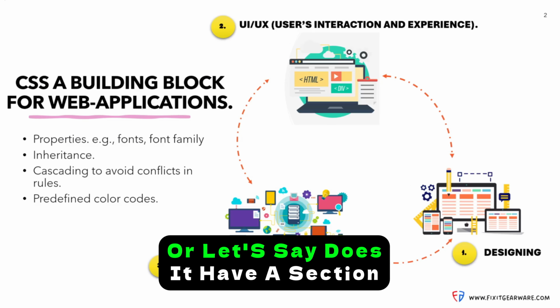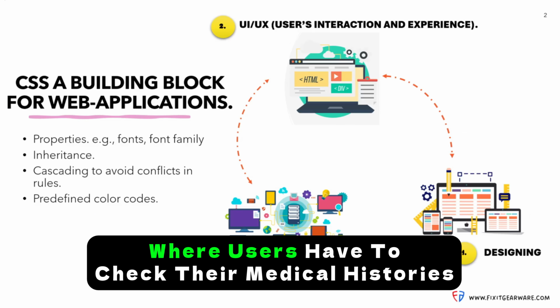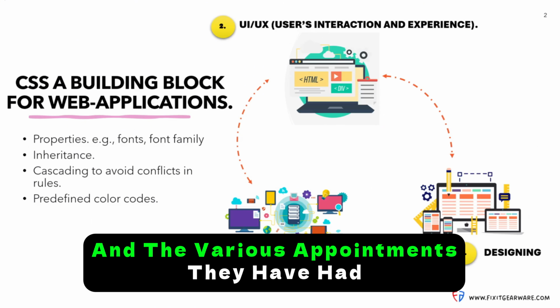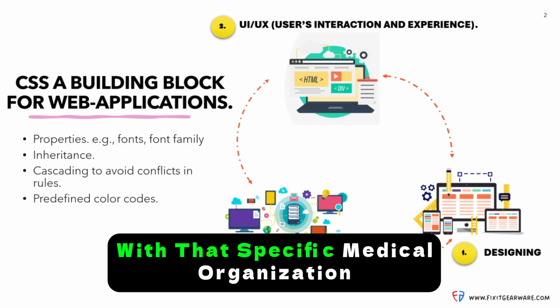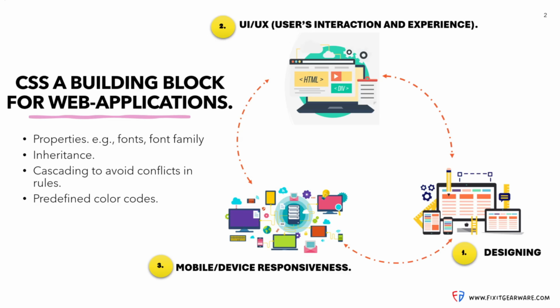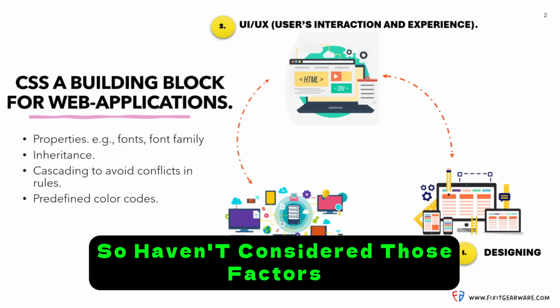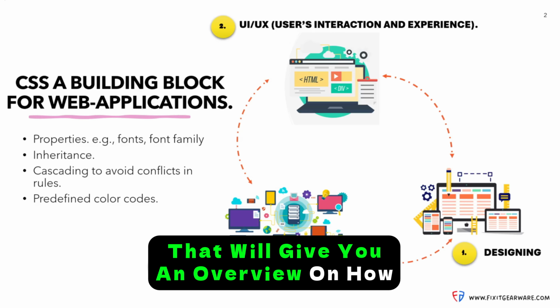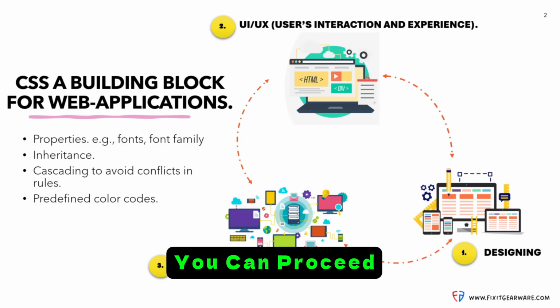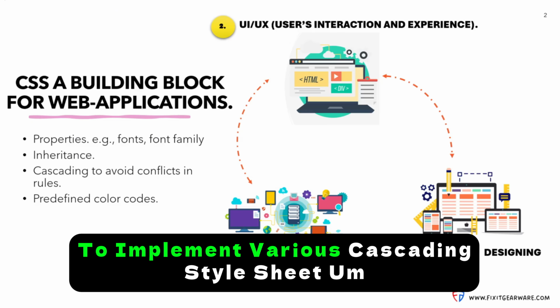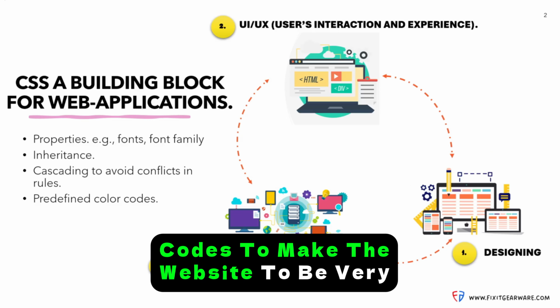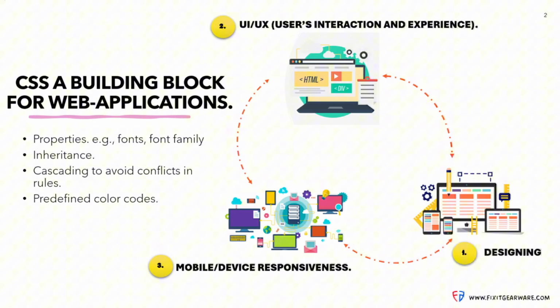Or does it have a section where users check their medical histories and the various appointments they have had with that specific medical organization? Having considered those factors, that will give you an overview of how you can proceed to implement various Cascading Style Sheet code to make the website very unique.